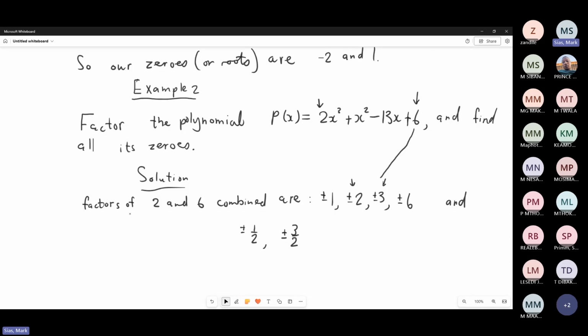There they are. And then now for the P over Q part, what I can call this is the rational zeros here. So let me just say the following.